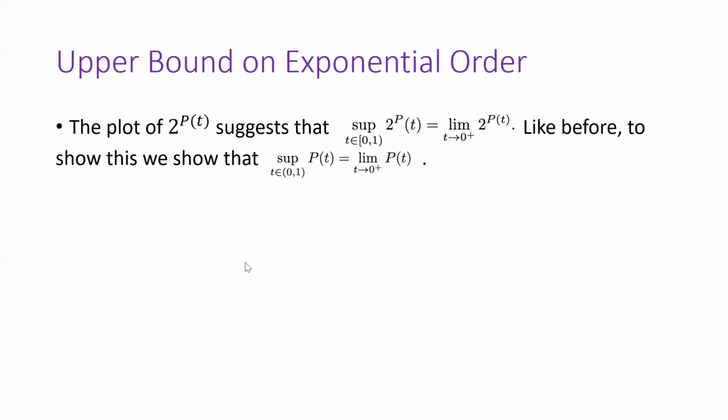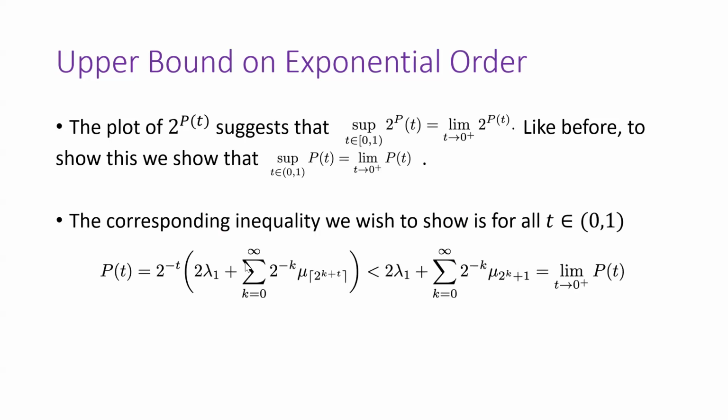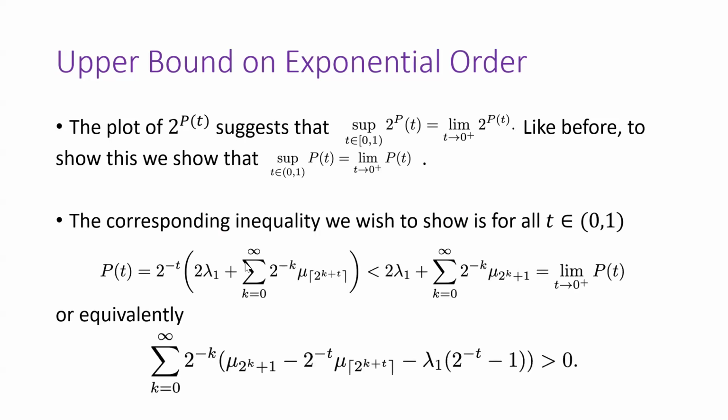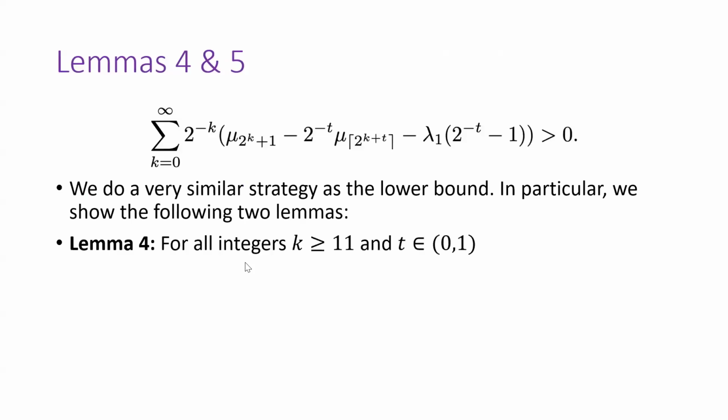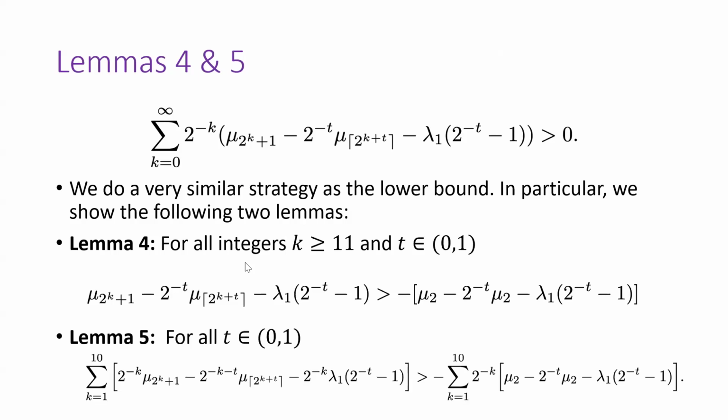And of course, like before, we put that into math terms, and this is the inequality we're trying to show. And we use the same exact methodology as before. We split this into a small k case and a big K case, and the lemmas are basically the same as before.